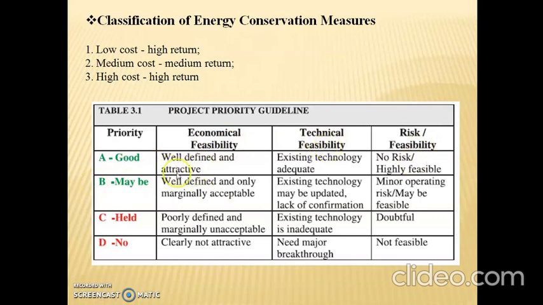If it qualifies in all three aspects, it is good. If it is in between, it may be. If it is poorly defined, existing technology is inadequate and the risk is doubtful, then you have to hold that project. And if it is not economically attractive, with no major technical breakthrough and no feasibility, just reject that project. So this is the project priority guideline you have to follow after conducting a detailed energy audit.